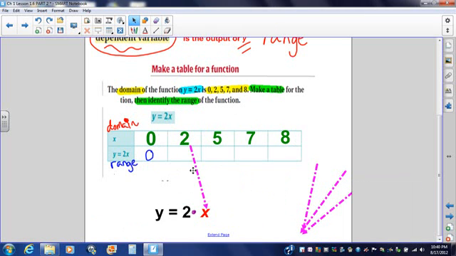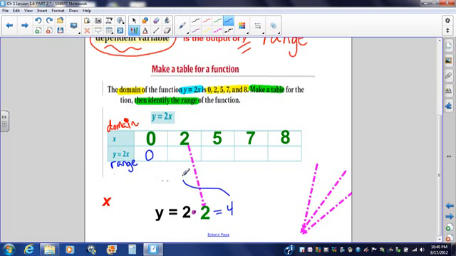Next, I'm going to substitute. I'm going to plug and chug 2 in for the letter X. So take out the X, substitute, put in the number 2. 2 times 2 is going to give me 4. So I'm going to take that 4, and I'm going to plug it in the range right here.